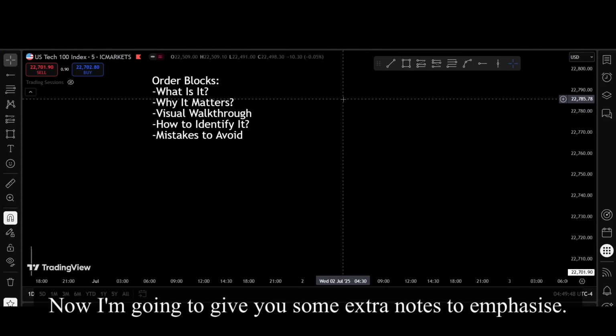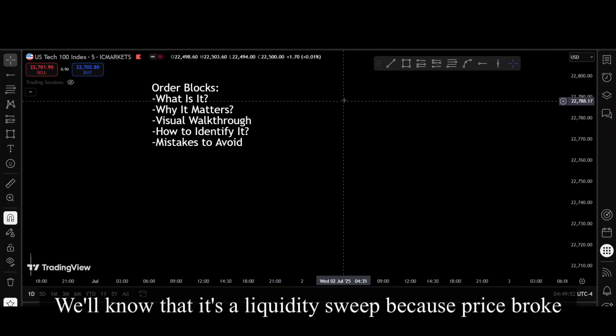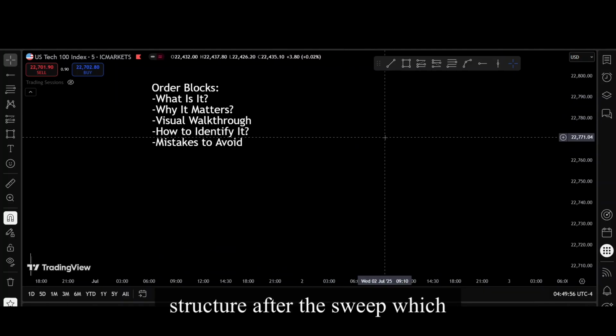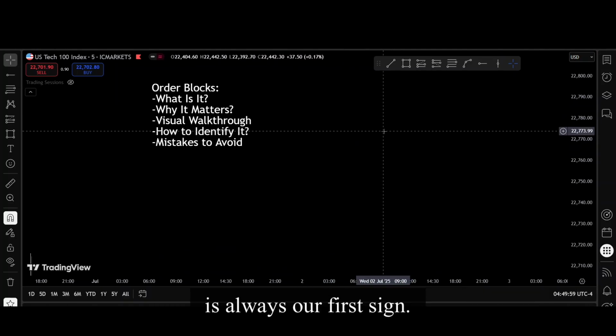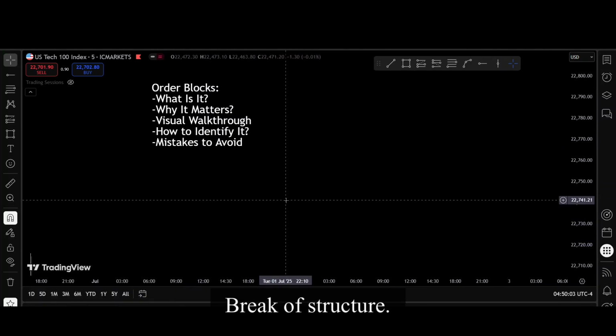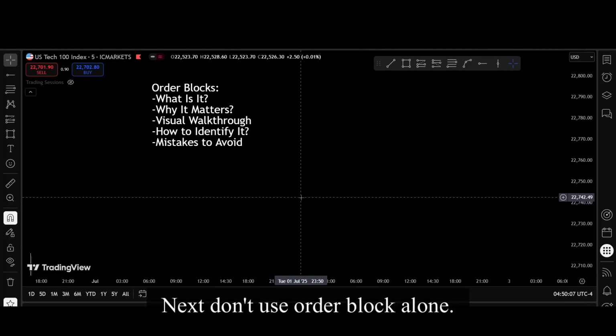Anyways, I'm gonna give you some extra notes to emphasize. We'll know that it's a liquidity sweep because price broke structure after the sweep, which is always our first sign, a break of structure. Next, don't use an order block alone.